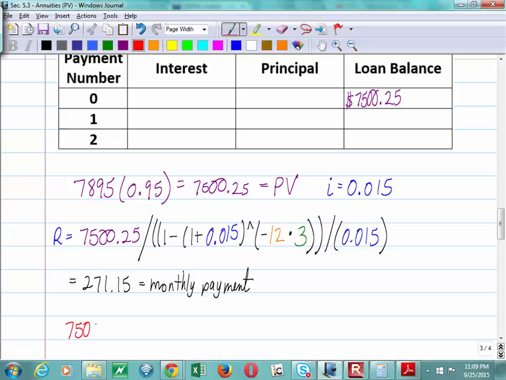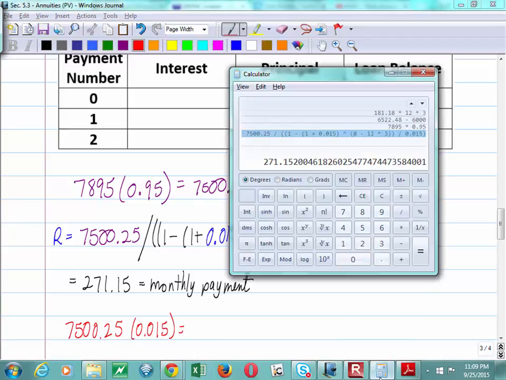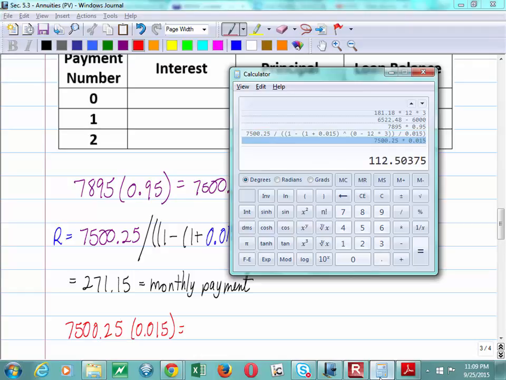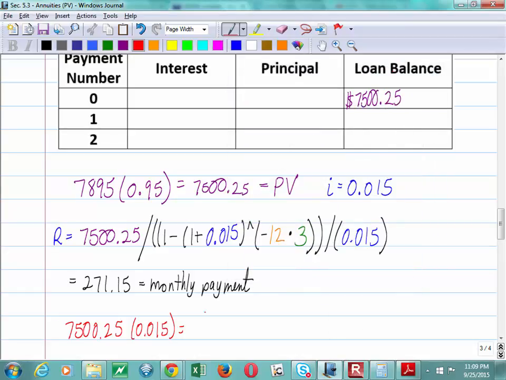So 7,500.25 times 0.015. So 112.50. That's the amount of interest that comes from your first payment.